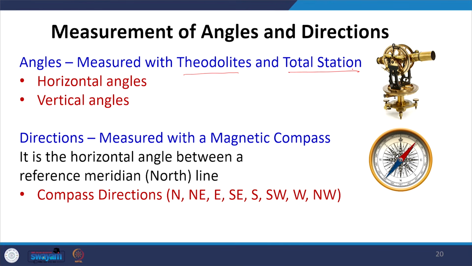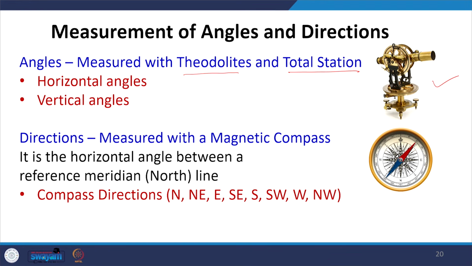We are measuring two types of angles here, horizontal angle and vertical angle. The one in the diagram on the top is shown as a vernier theodolite. It is nowadays obsolete and has been replaced by the total station. Now, coming to direction, we measure direction with the help of the magnetic compass, finding the horizontal angle between the object and the reference meridian, which is our north line.